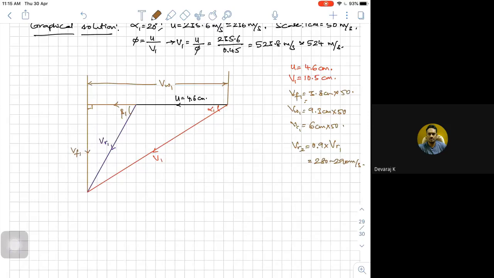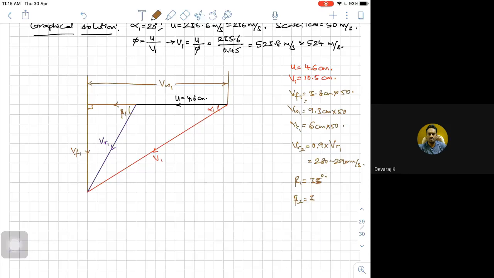Now they are given clearly in this problem. What is the beta 1 angle? Beta 1 angle I can measure. You measure beta 1 using your protractor, and you may get around 35 or 36 degrees.